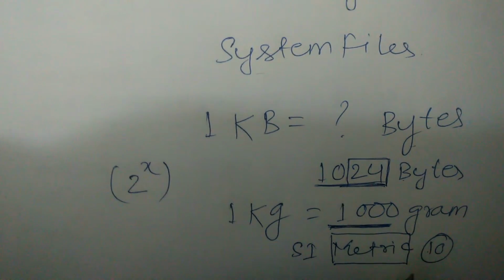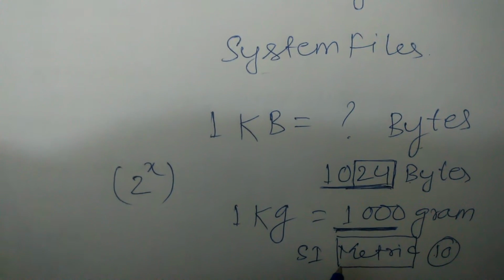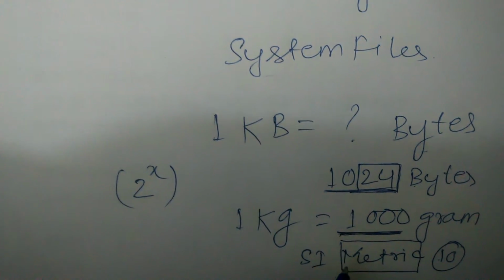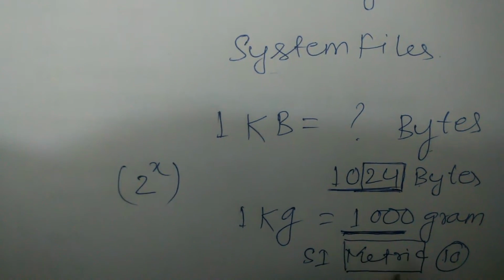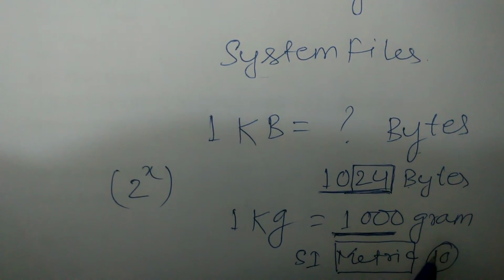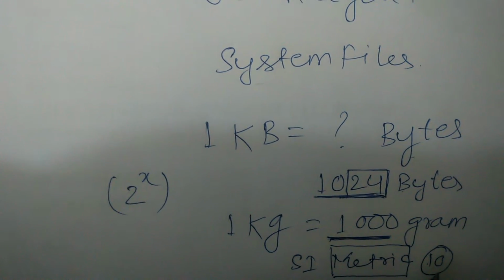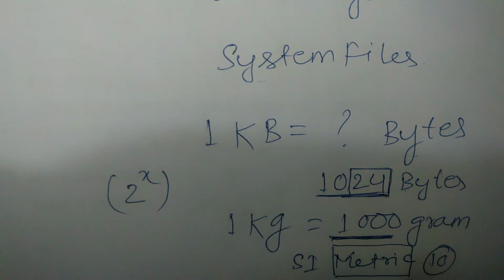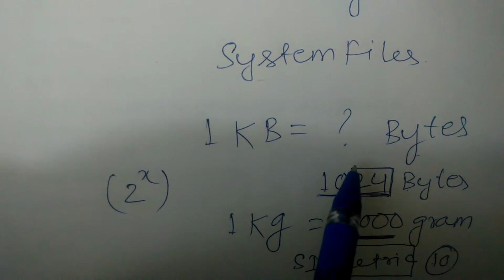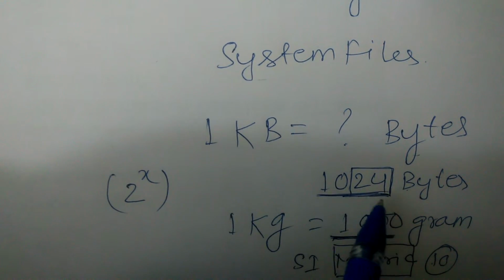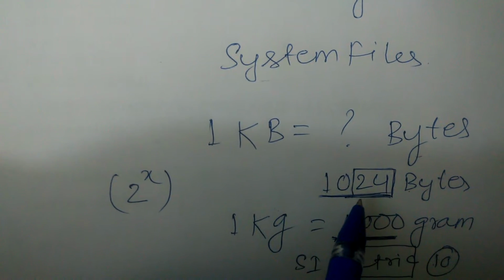That is because of the SI metric system that was invented around 200 years ago. The name metric was attached to this system because 10 and multiples of 10 could be used in it, and then our calculation was quite simple. But this odd figure, 1024, creates some problem for us. It's not quite easy, even though it's not a big number.